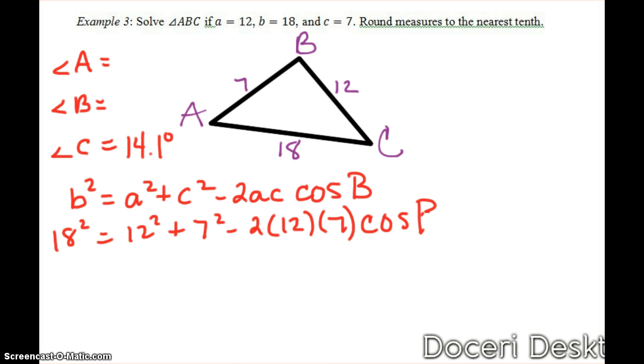And so we have 2 times 12 times 7 times the cosine of angle B there.